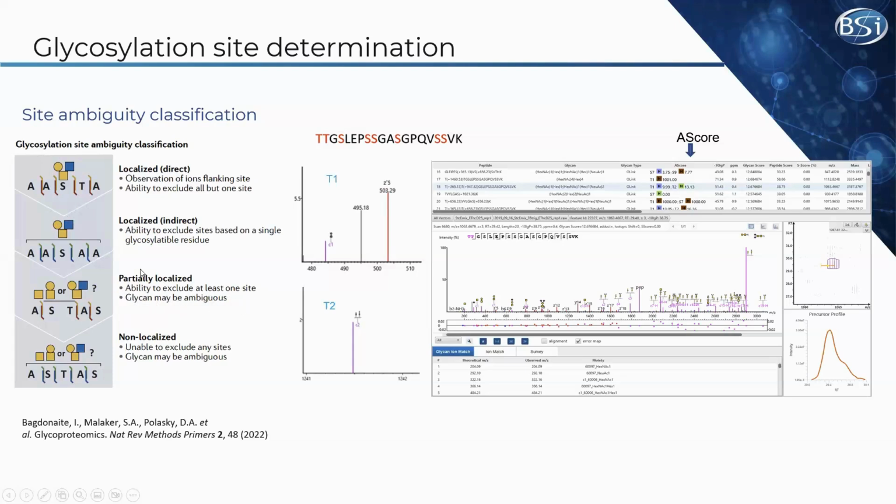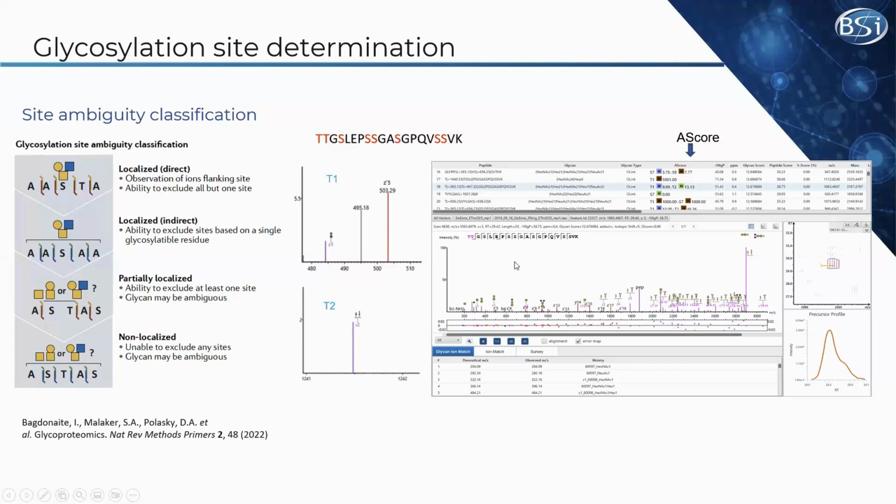And so we're left with some ambiguity. And then lastly, if we can't localize it at all, we just have an inability to assign it to a specific site, and the glycan site is ambiguous within that peptide.